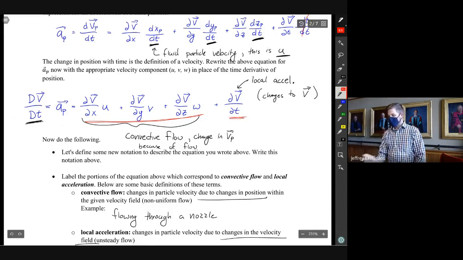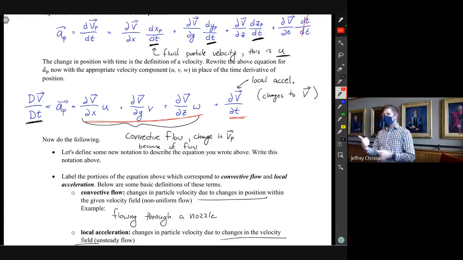Then this term is local acceleration, where you experience velocity changes because somebody's opening a valve and the velocity everywhere goes up. So this gives us our acceleration term, our A, how our fluid particle is accelerating in the larger velocity field. What we're going to work on today is forces and M.